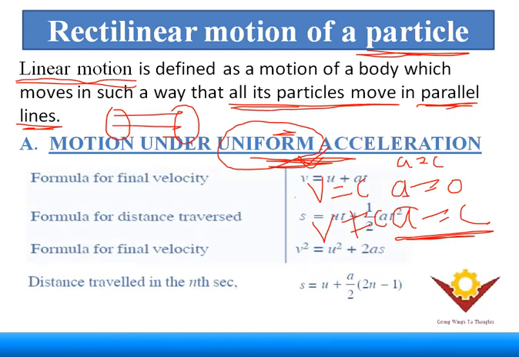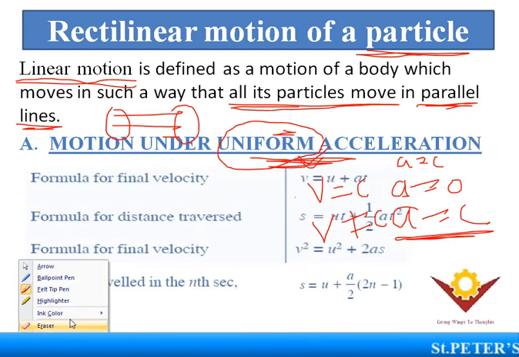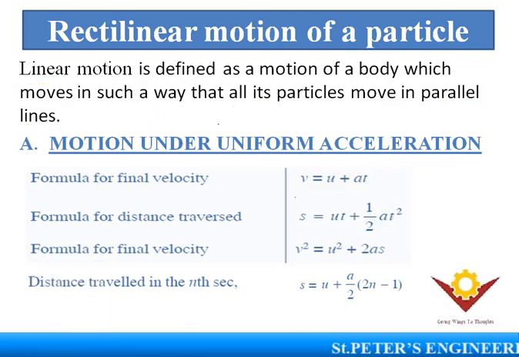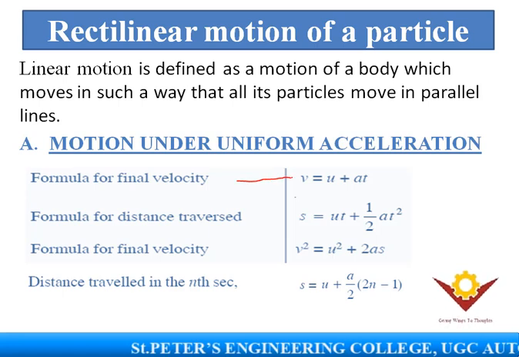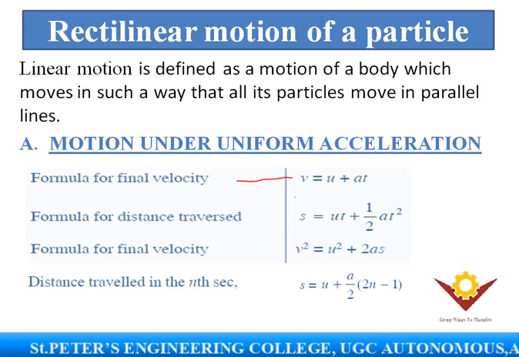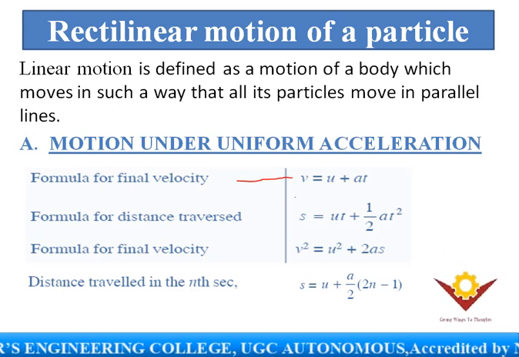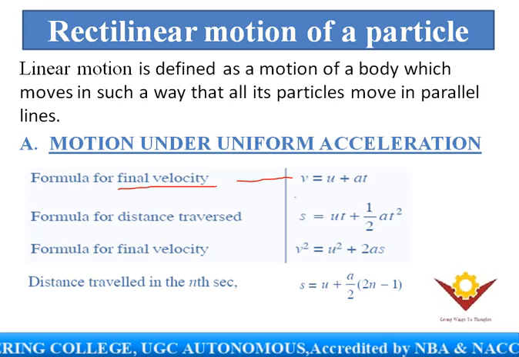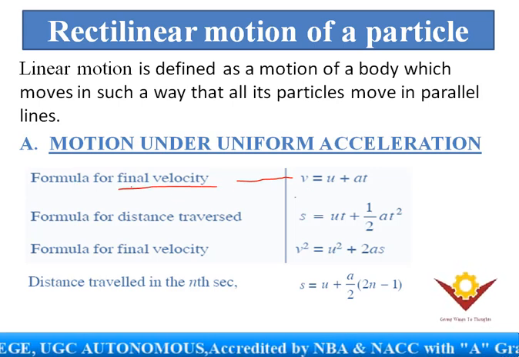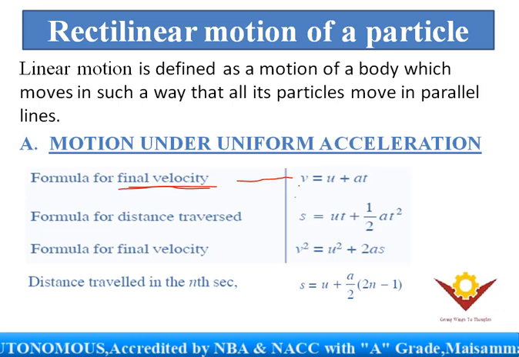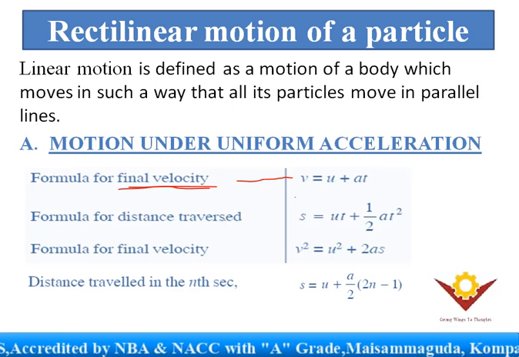These are the equations for motion under uniform acceleration. We have already seen all these equations from primary school, right? These are the equations of motion. The first one is for final velocity: if you require the final velocity, use v = u + at.